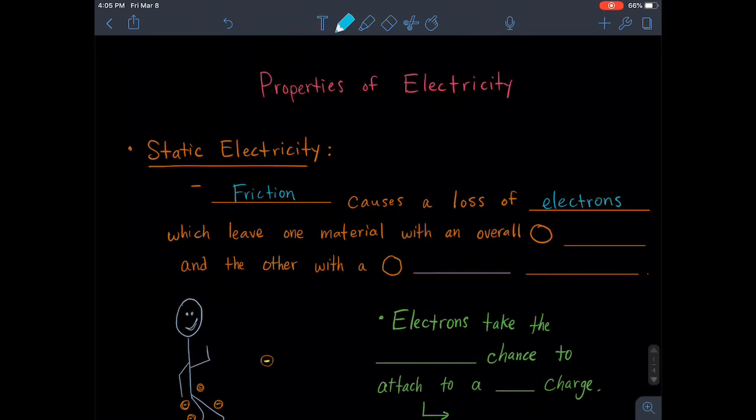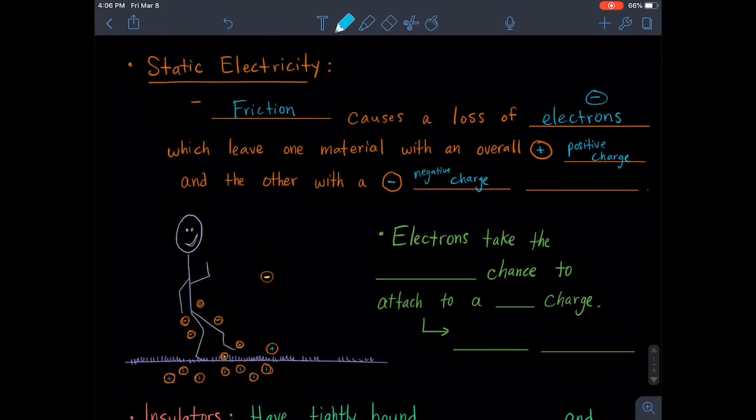Well, friction causes a loss of those electrons, those negatively charged particles, which leave one material with an overall positive charge, because the negatives left it. And it went onto the other material, so the other one's going to be left with an overall negative charge.